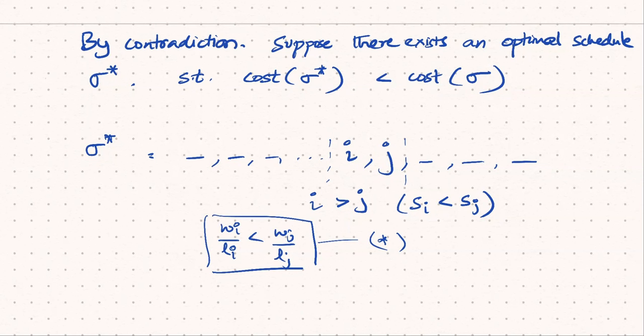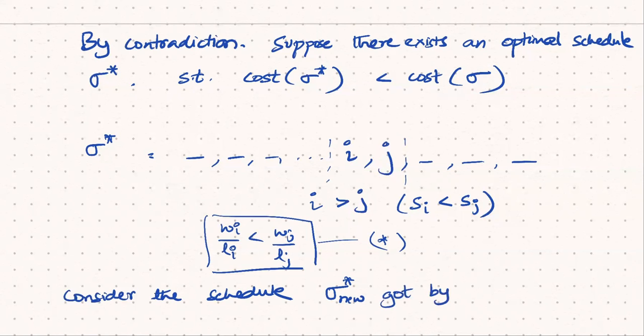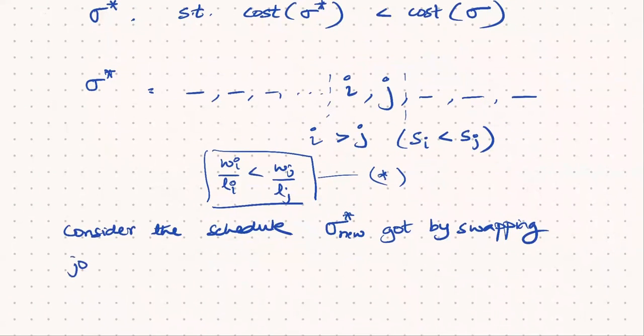So consider the schedule, let's give it some name, sigma star new, which is got by swapping jobs I and J in schedule sigma star.